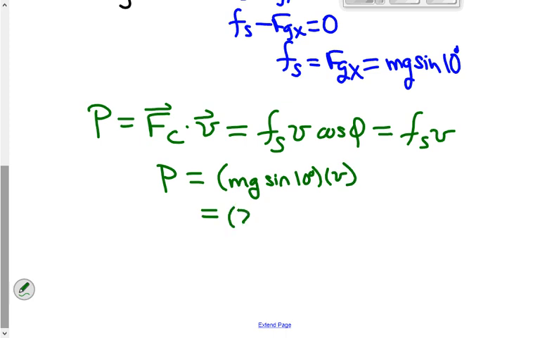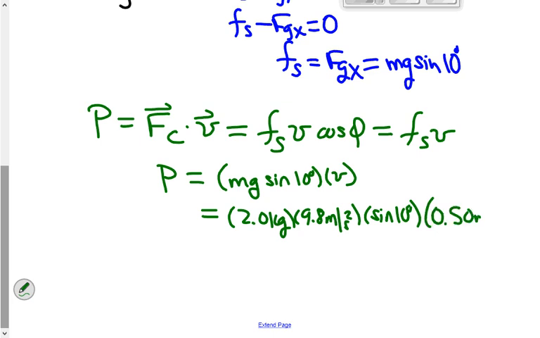We can substitute that all in. We have 2 kilograms times 9.8 meters per second squared times the sine of 10 degrees. Make sure you're in degree mode. And then what? The velocity was 0.5 meter per second. Yes. So what are we going to get for the power? .7 what?